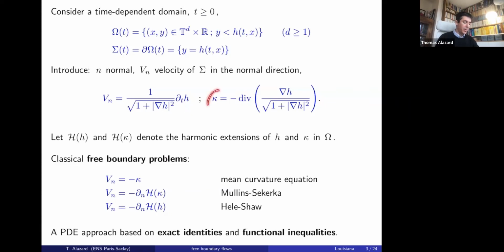We also introduce kappa, which is the opposite of the mean curvature. Denote by H(h) and H(kappa) the harmonic extensions of the function h itself and of kappa in the domain Ω. I will clarify the notation later.